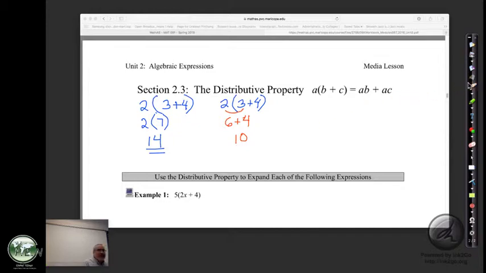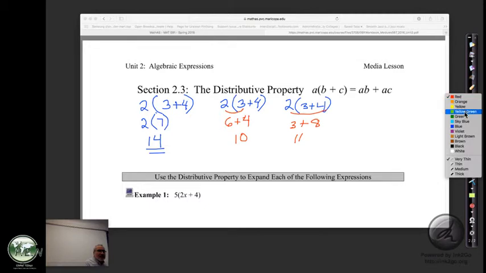Well, let's see, maybe I should multiply the other one first. Maybe if I took 2 times 4 and then add in the 3? That gives me 11. I'm getting closer, but still not right. So what do you think I need to do if I wanted to multiply first? Maybe times them both.